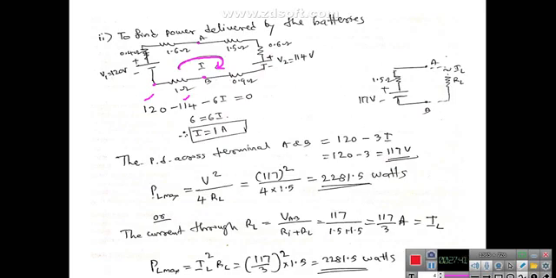The current always flows from higher potential to lower potential in the resistors, so that is why you take the minus sign. Therefore 6 into I. If you simplify this, you will get 6 equal to 6I, or I equal to 1 ampere.